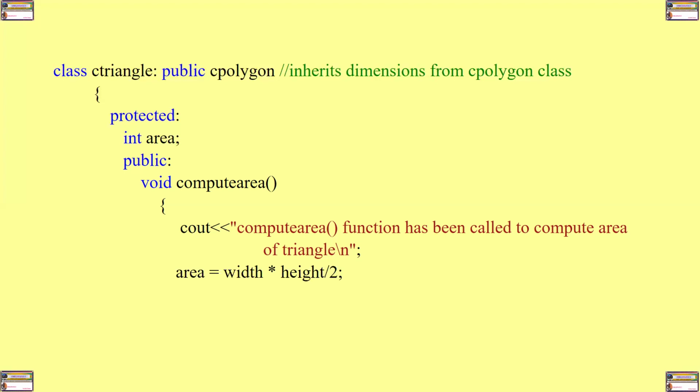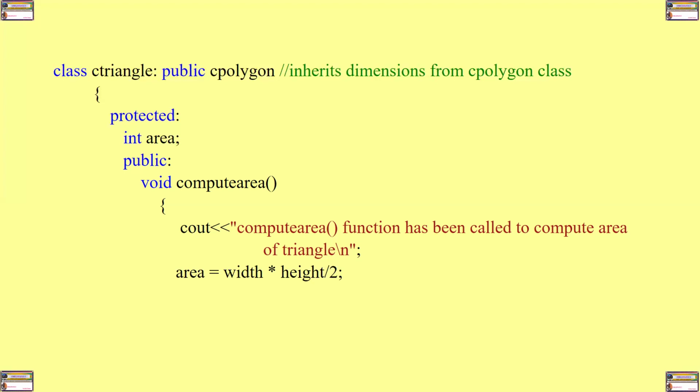Because CTriangle is a derived class of the class called CPolygon, it is able to access the data members of the class called CPolygon, just as if those members were its own. These members are the width and the height.